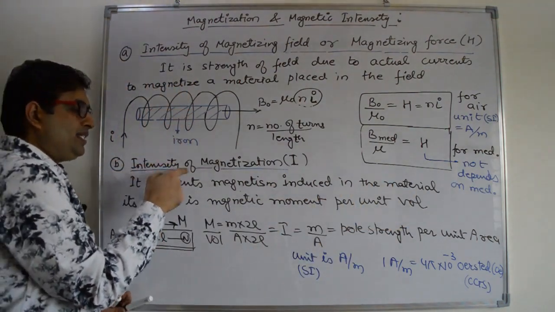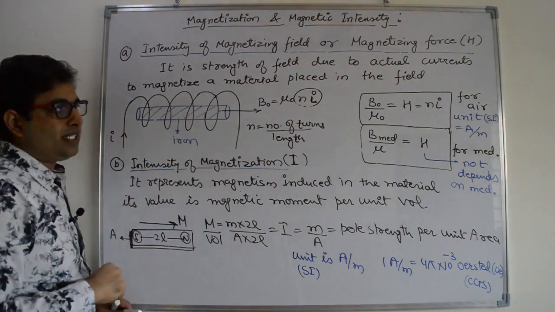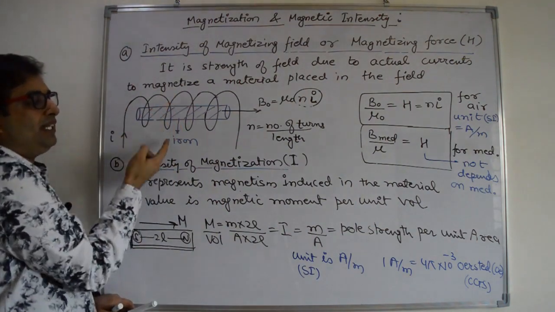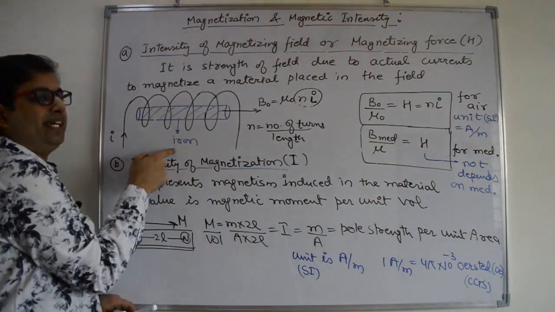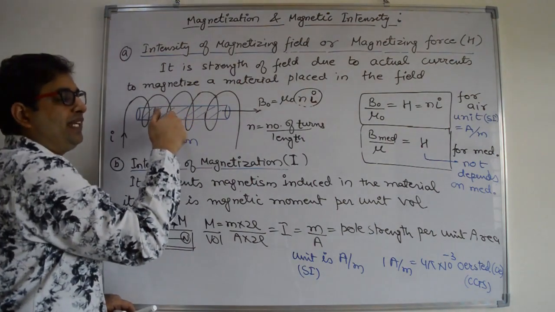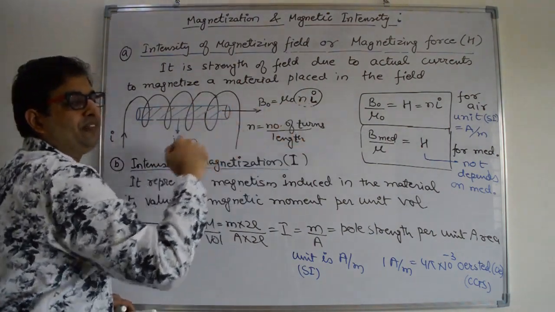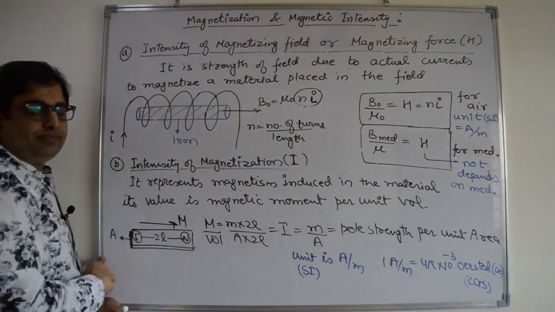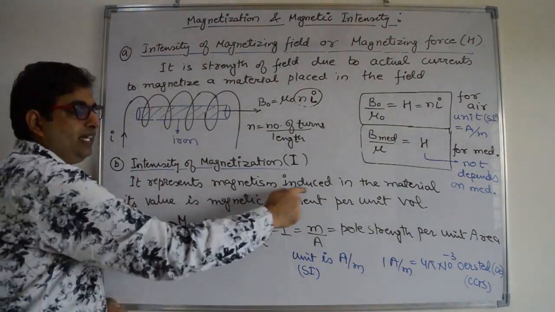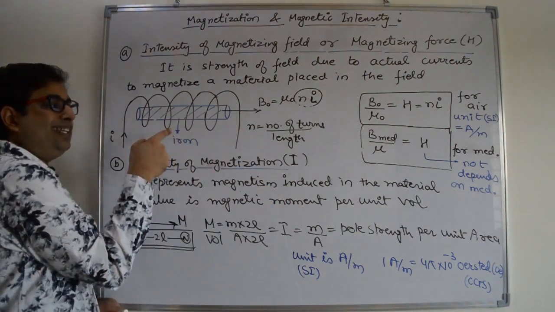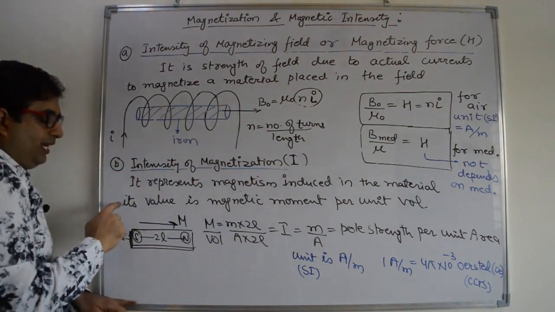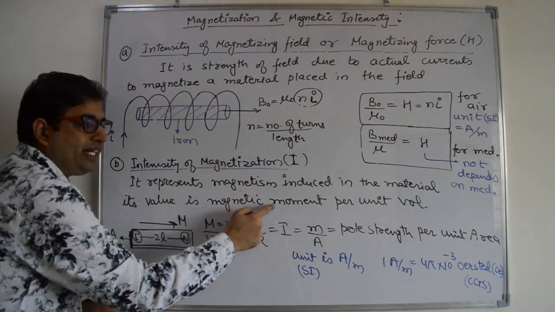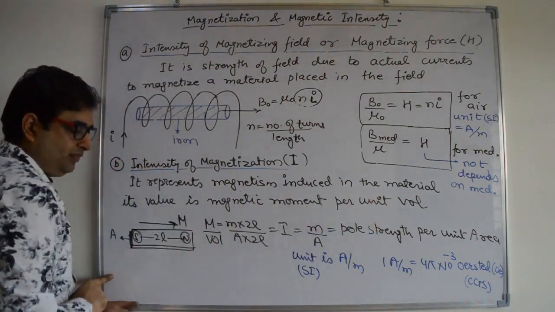So intensity of magnetization tells us about the magnetism that is induced inside this iron when we place this material in an external magnetic field. This iron will have its own magnetism, right? And this I represents that magnetism. Its value is magnetic moment per unit volume.